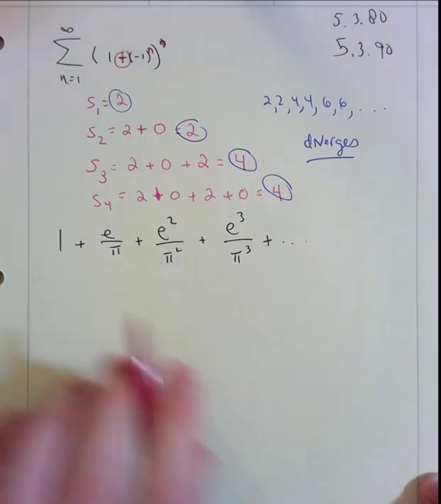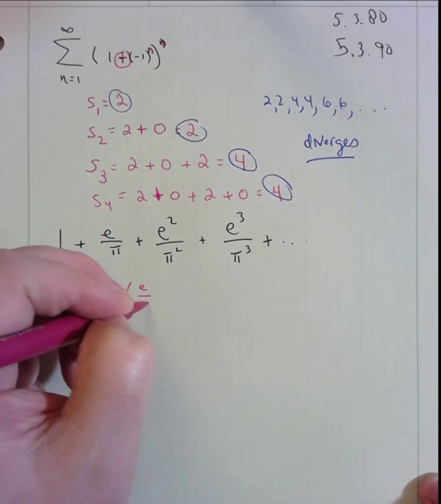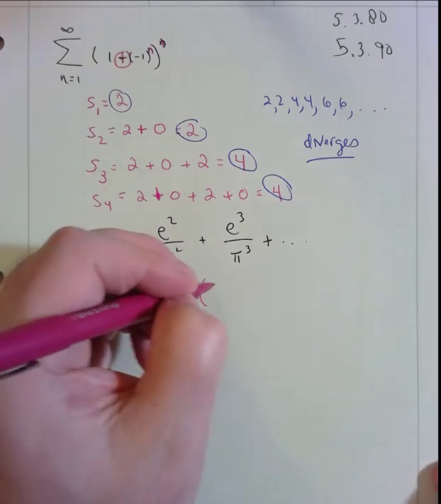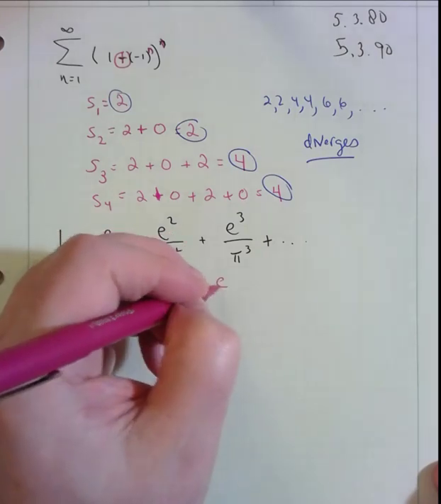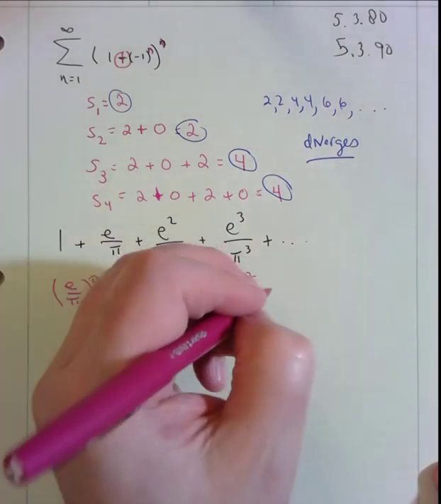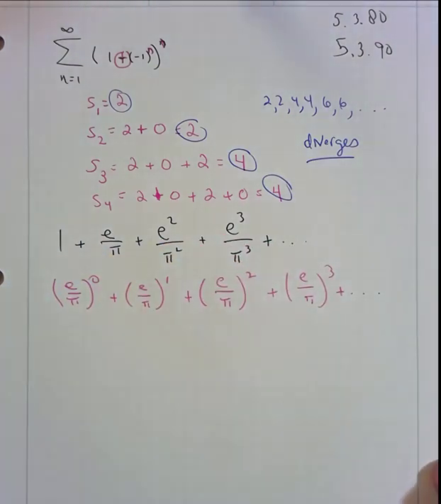The first term is 1, but 1 is another word for e over pi to the 0, right? So I'm going to write the second term as e over pi to the first. And the next term, which is given originally as e squared over pi squared, is e over pi, the quantity, squared. And then plus e over pi cubed, etc.